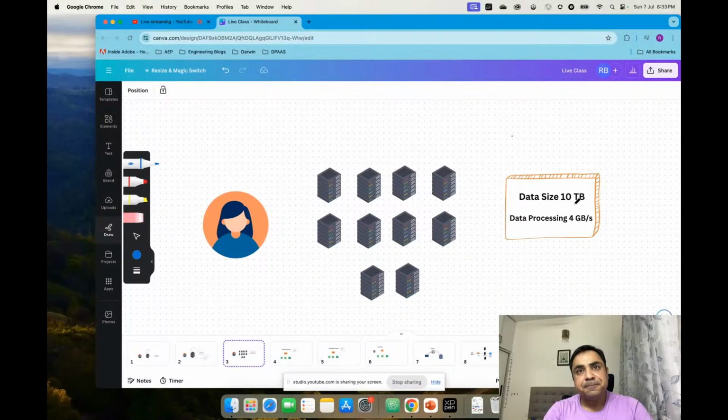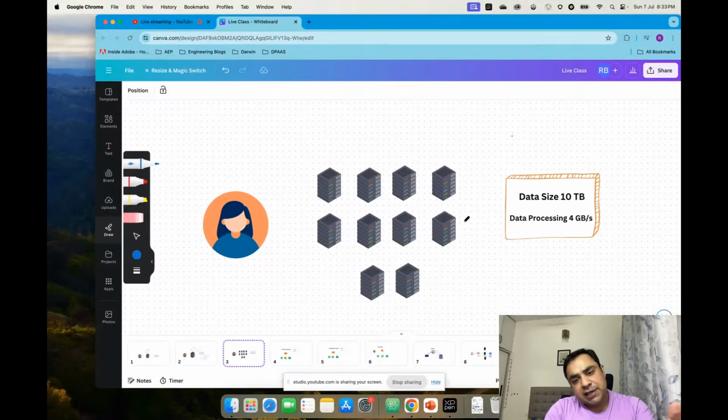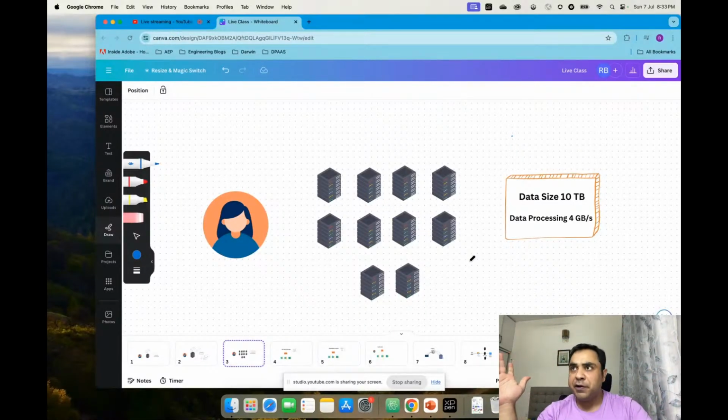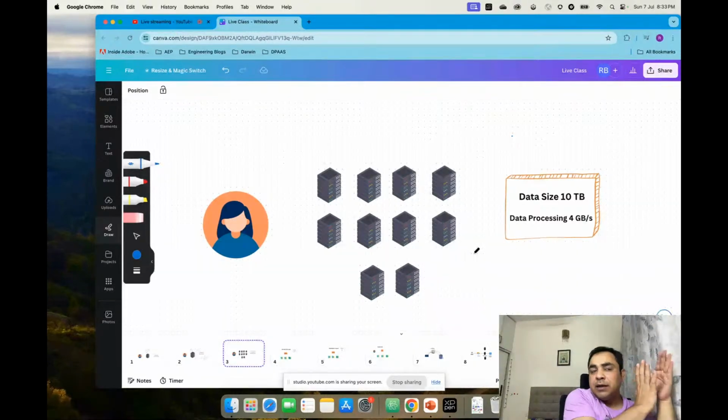For example, let's say we had to store 10 terabytes of data in a distributed storage system. For the sake of example, we could say 1 terabyte on each machine, but it may vary: some machines might use 2 terabytes or some 0 terabytes. In an actual scenario we would have many machines, and we want to store the data.